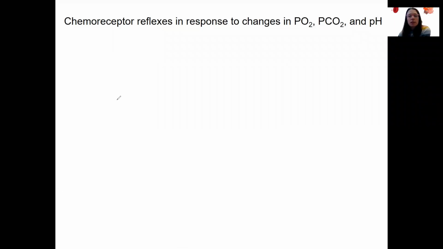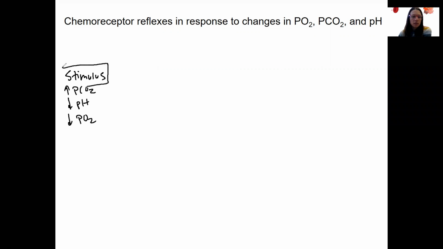So remember, I talked about chemoreceptors when we talked about blood pressure. So we're going to put together the same stimulus. Our stimulus is going to be either high PCO2, low pH, or low PO2. Those three things go together. So we've got a stimulus that's going to be detected by chemoreceptors.